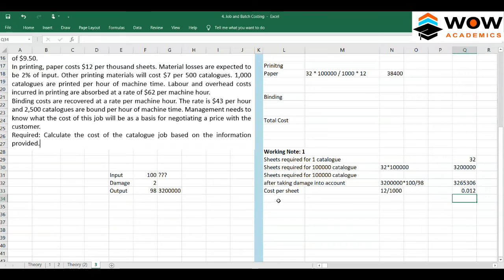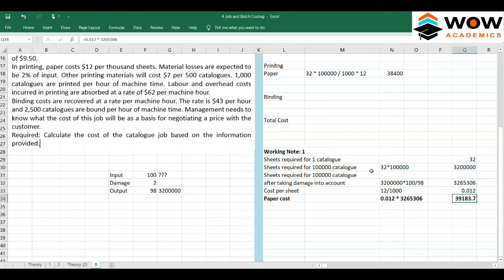Okay, so paper cost would be 0.012 into this number, 3265306. Okay, so this is the cost.